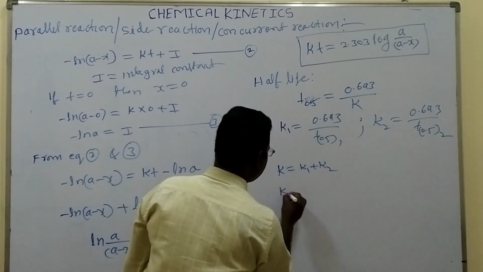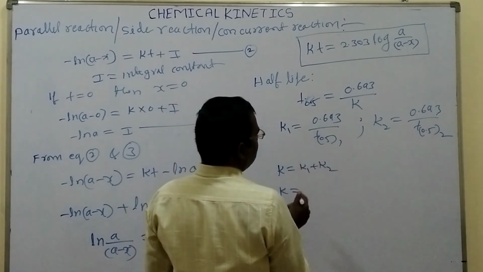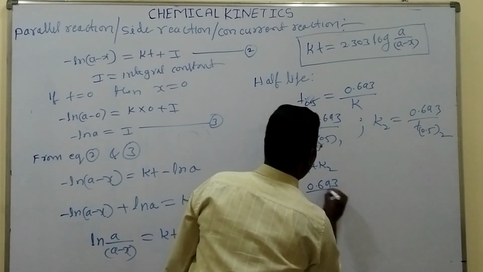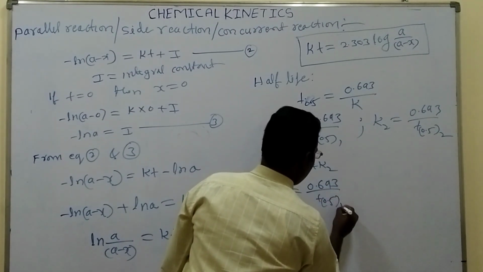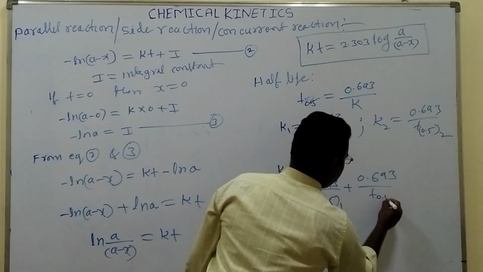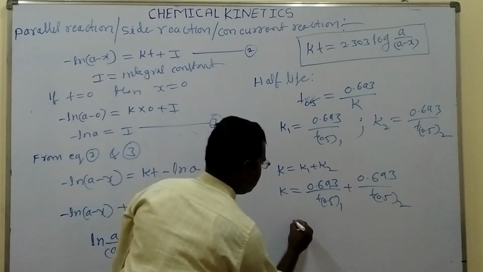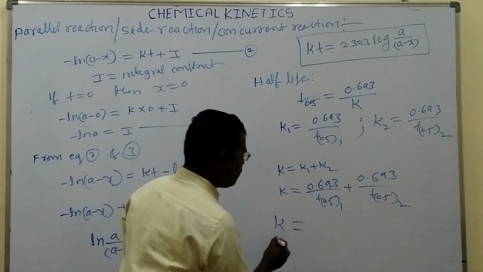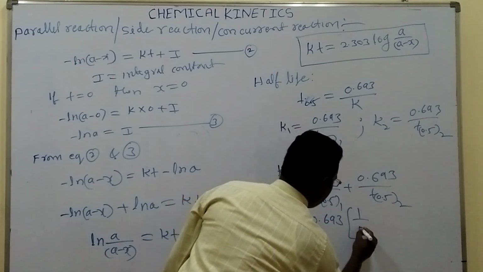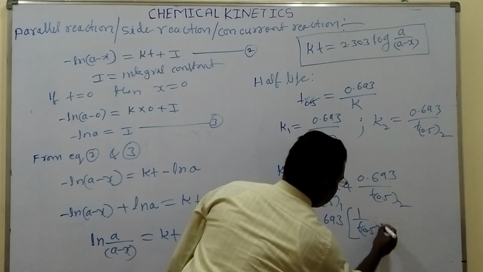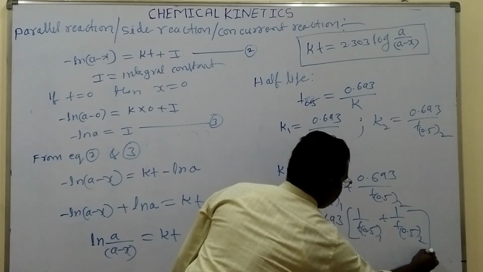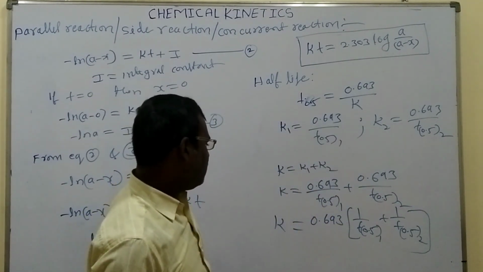Therefore k is equal to 0.693 by t of 1 plus 0.693 by t of 2. Simplifying further, k is equal to 0.693 into 1 by t of 1 plus 1 by t of 2.